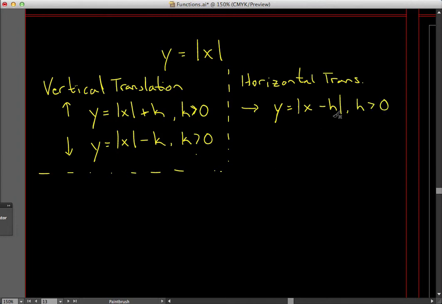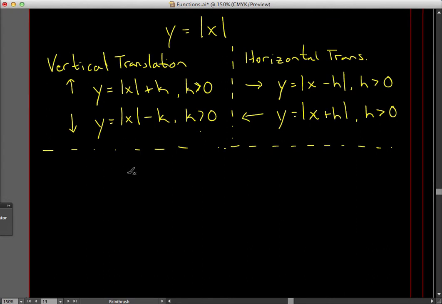So that h value is actually inside the absolute value sign. So it's x minus h, where h is greater than 0. That would be translating this function to the right h units. If we were trying to translate to the left, we would have y equals absolute value of x plus h, where h is greater than 0. Okay. So those are vertical and horizontal translations.